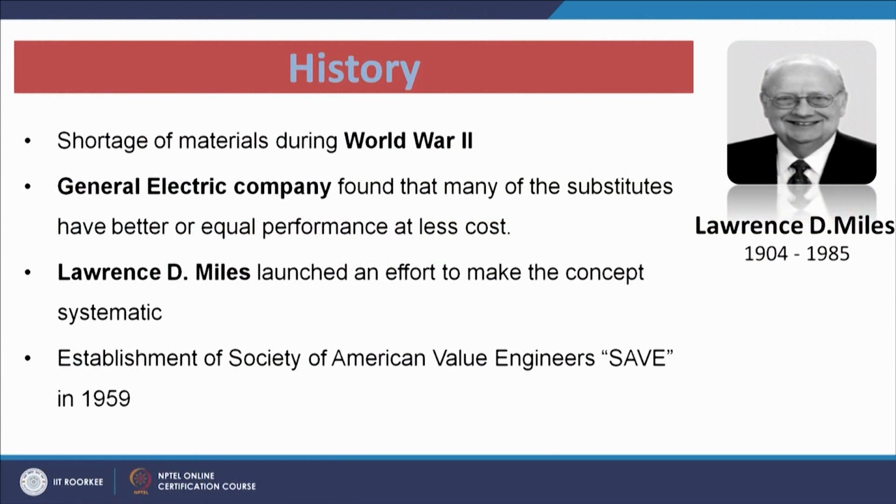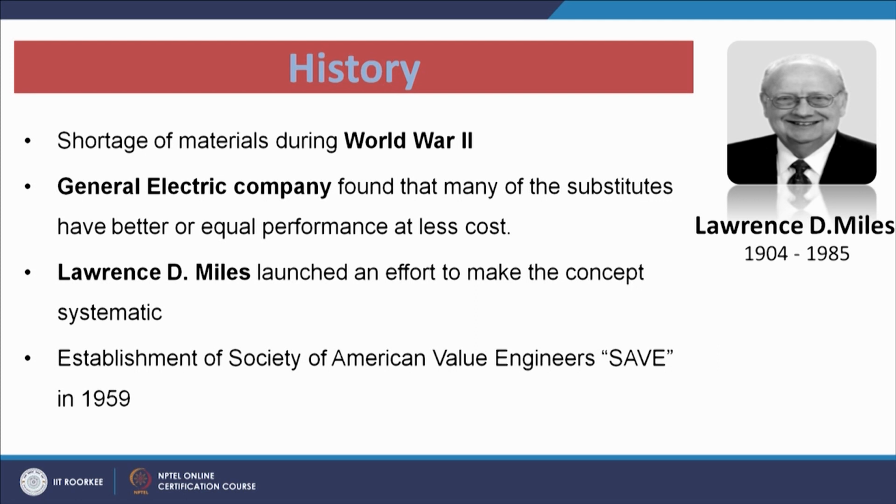Now on your screen you see the historical perspective of value engineering. So basically during World War II there was shortage of materials in terms of repair, maintenance of the army equipment or the defense equipment. So the General Electric company found that many of the substitutes have better or equal performance at less cost.